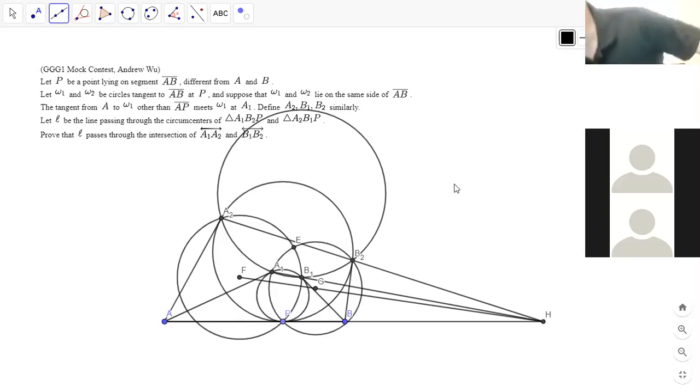Okay, so you can prove that A2B2, A1B1, and AB are concurrent by harmonics, because A, B, P, and H are in harmonic conjugation. How do we know they're in harmonic conjugation?